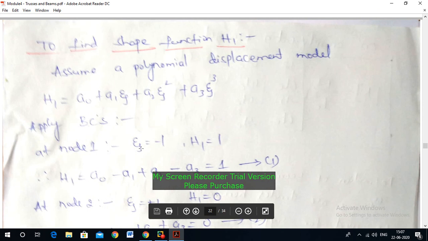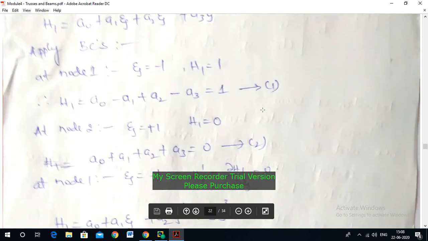After substituting and simplifying, I will get a0 minus a1 plus a2 minus a3 equal to 1. I call it equation number 1.